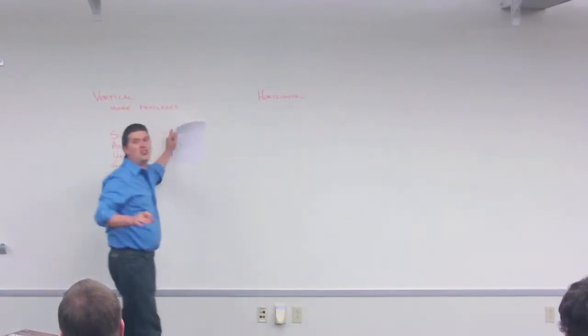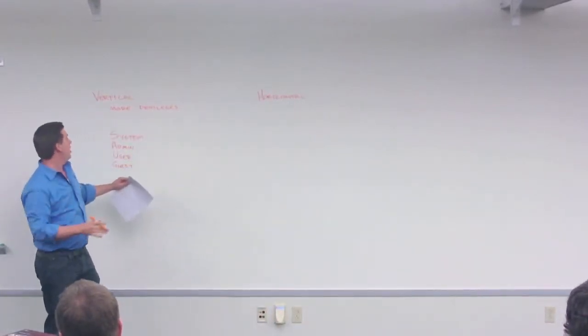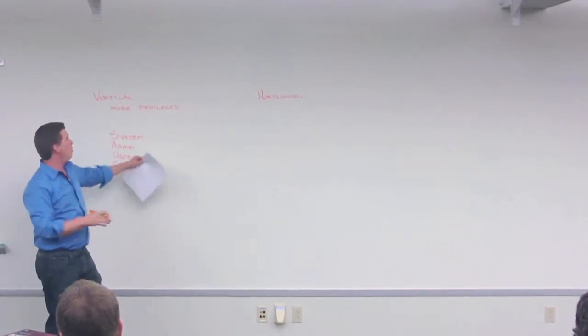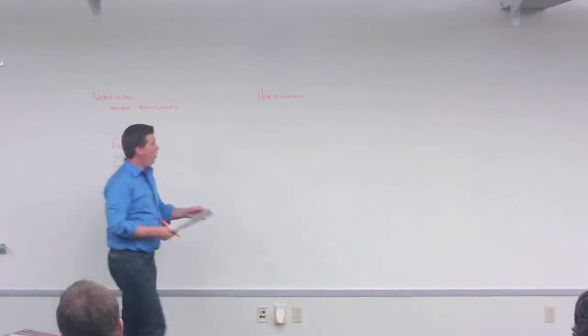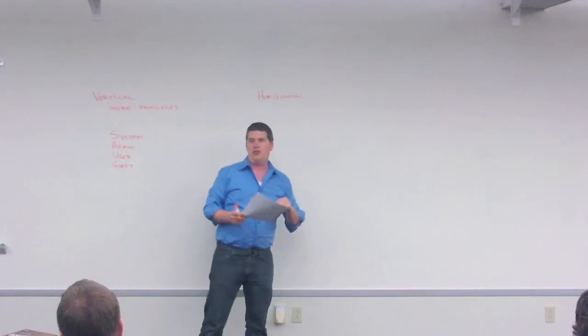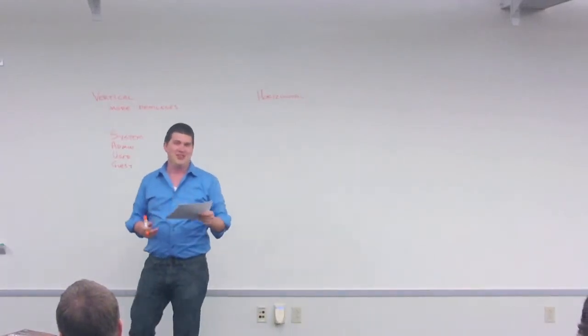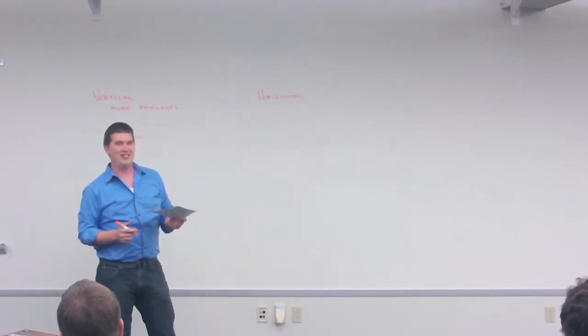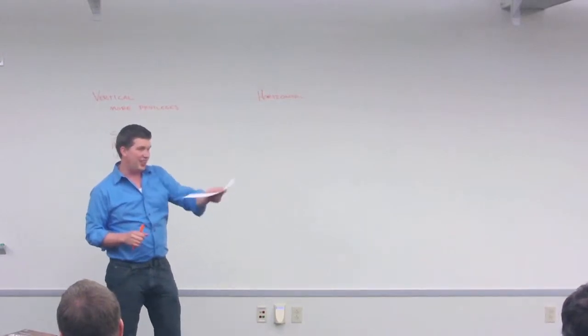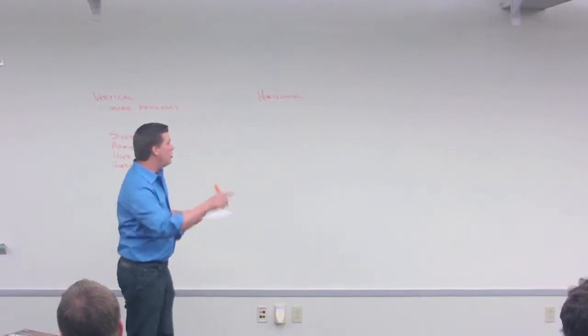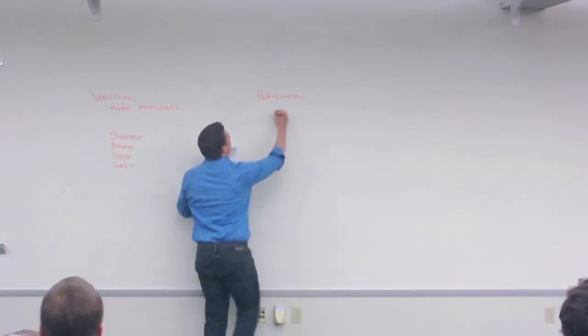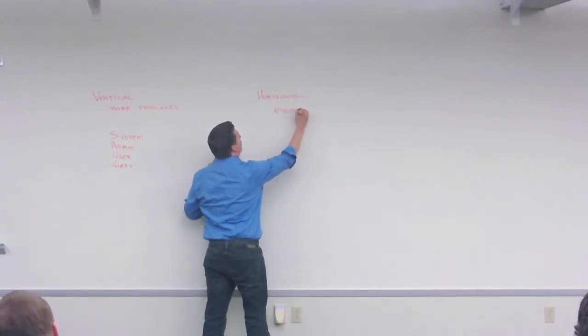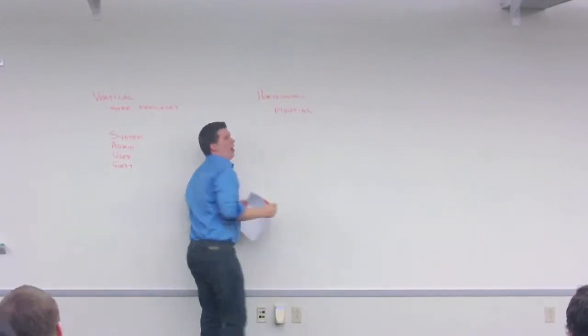So vertical makes sense. Everybody wants vertical. We all want to be bigger, stronger, have more privileges than we do. Why in the world would we want horizontal privileges? Any guesses? We can use it for pivoting, but we can also just use it. We don't even have to think of it at the system level.